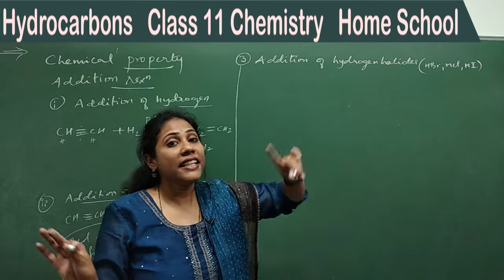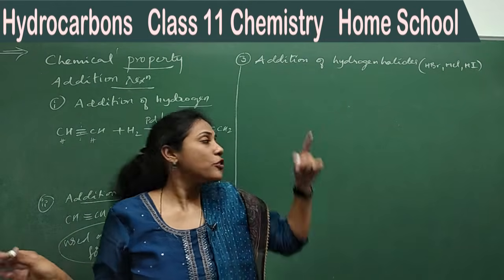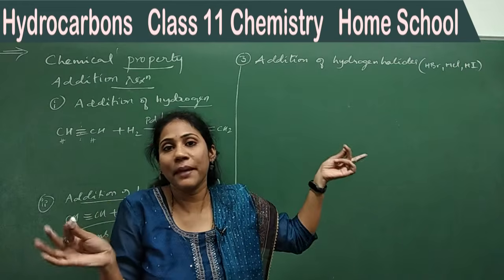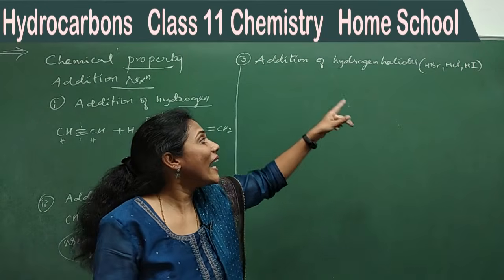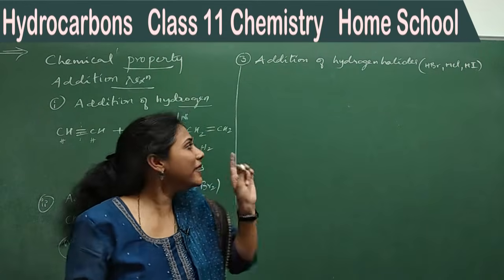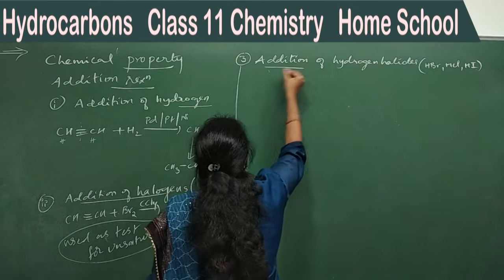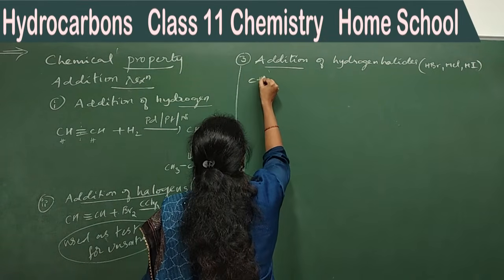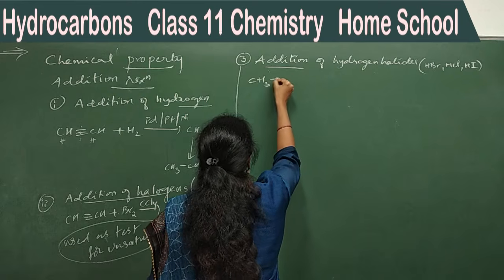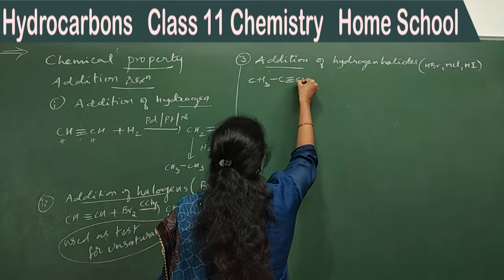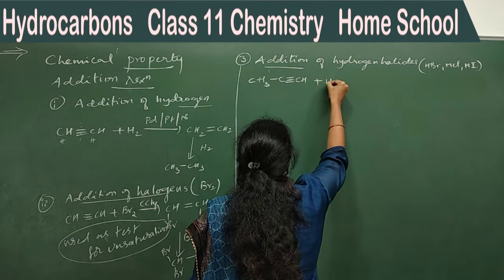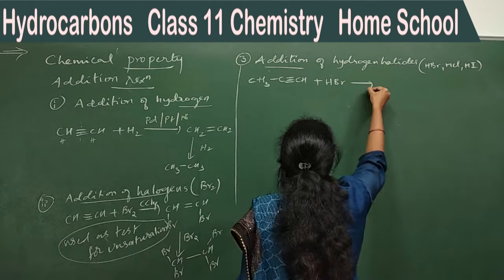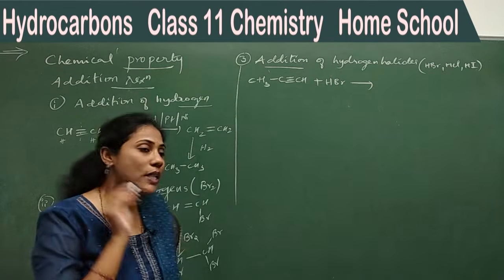So there we studied a rule called Markovnikov's rule. Here also we have to follow the same Markovnikov's rule when you add HBr. Let me take an alkyne, propyne, CH3C triple bond CH. For this, if I have to add HBr, do you remember what Markovnikov's rule says?